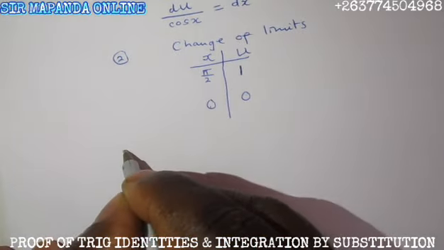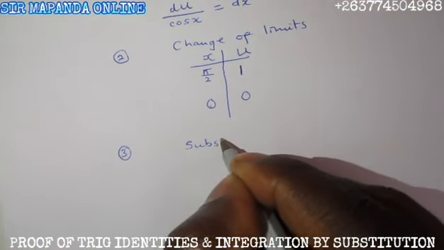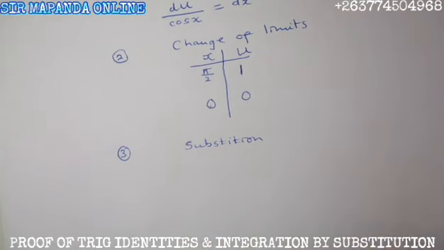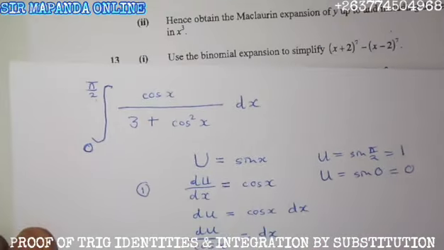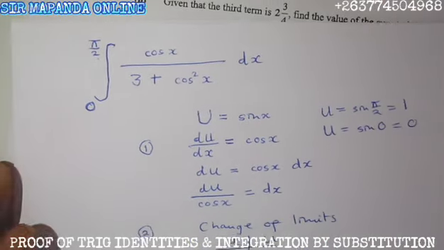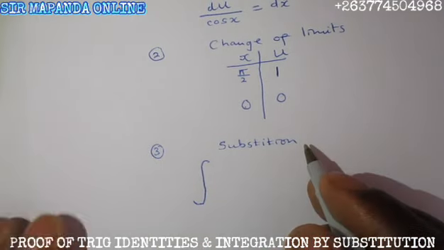Then after the change of limits, we move to the substitution stage. On the substitution stage, you want to make everything in the original question become u. I'm going to put an integral sign first.